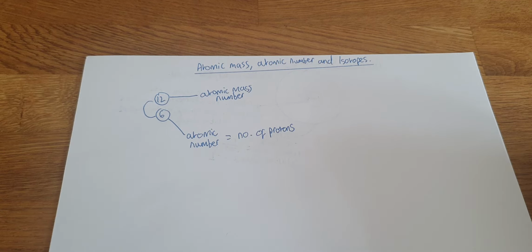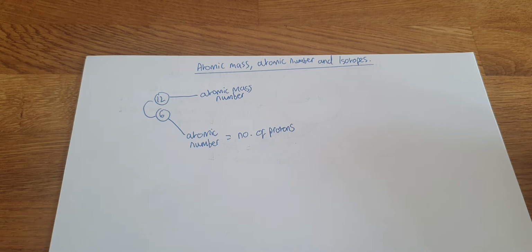As I mentioned before, the number of protons in an atom defines what element that atom is. You won't have a carbon atom with 7 protons or 5 protons. That would make it a different element, just like your DNA defines who you are. The number of protons defines what element an atom is.